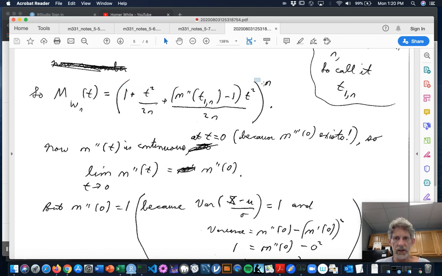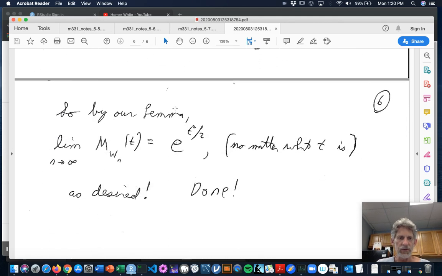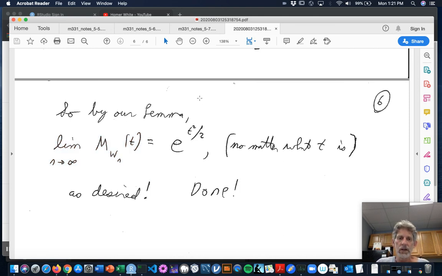This to the n converges to e to the t squared over 2, the L'Hopital rule fact. So we've done it. We found the limit of the WNs. It's e to the t squared over 2. And that works no matter what the t was. Wow. And that's the moment generating function for standard normal. So the WNs, the standardizations of the sample means, do converge to a standard normal like we wanted. We've proved the central limit theorem.